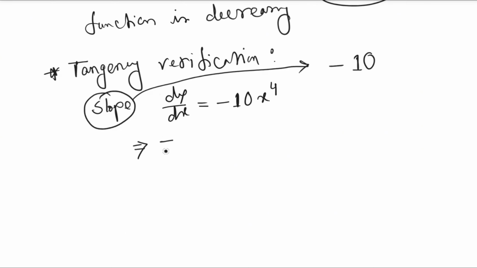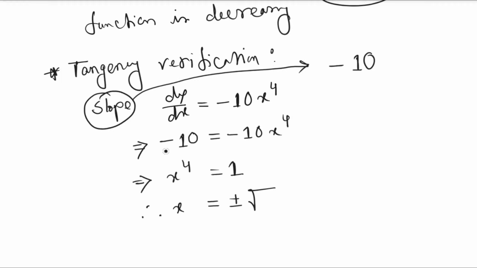The slope is minus 10, right? So we can write that minus 10 is equal to minus 10x to the power 4. Or we could write x to the power 4 is equal to 1. So the value of x is equal to plus or minus the square root of 1. So we could say x is equal to plus or minus 1. So here the value of x is either positive or negative.